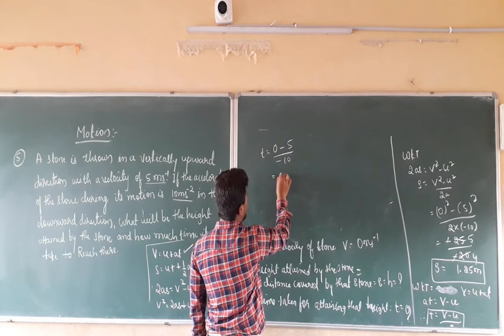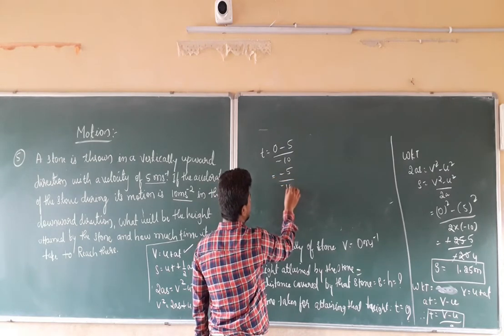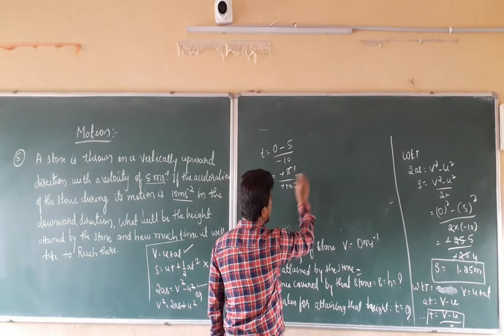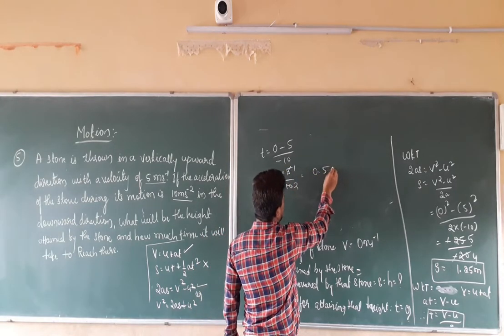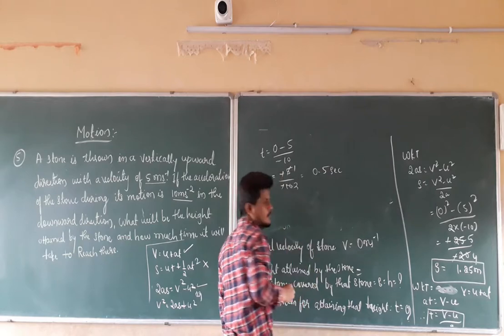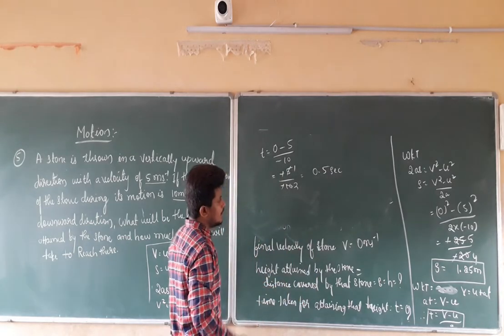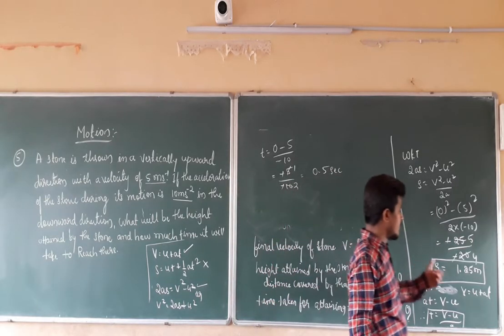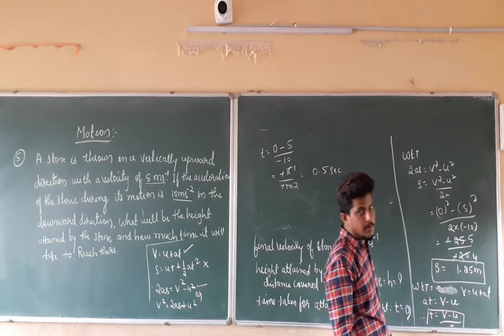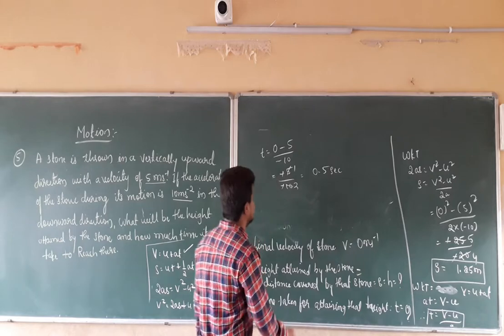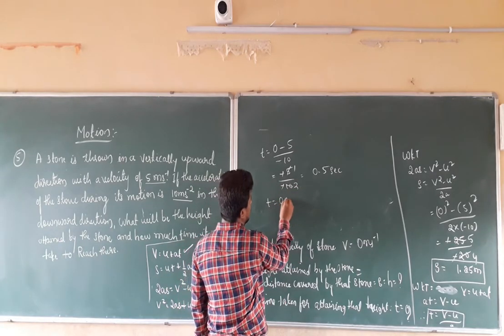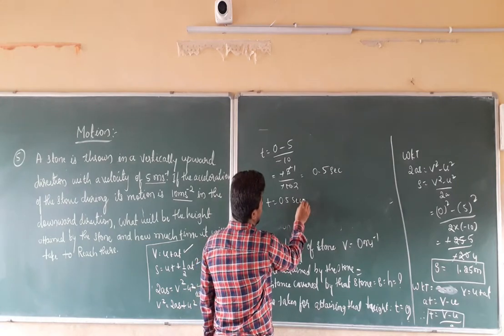So T equal to minus 5 divided by minus 10. 5 1s are 5, 5 2s are 10, minus get cancelled. That can be written as 0.5 seconds. It is going to cover 1.25 meters. Height attained will be 1.25 meters. Therefore, time equal to 0.5 seconds.